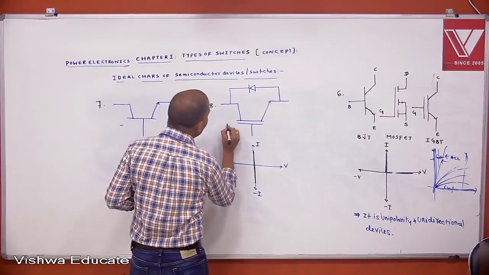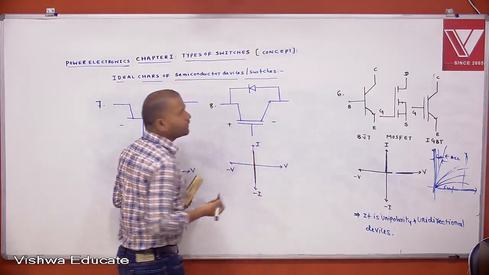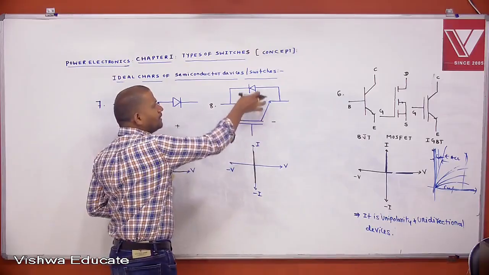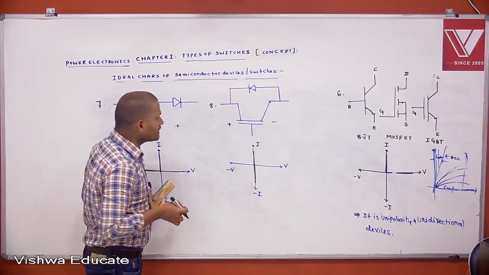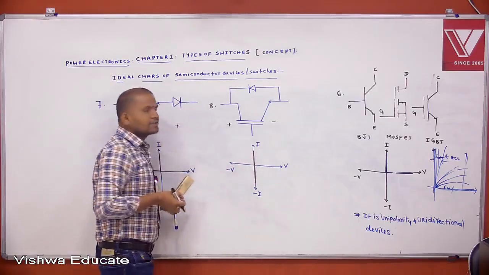If you apply forward voltage, this is positive and this is negative. With this polarity, diode is conducting.